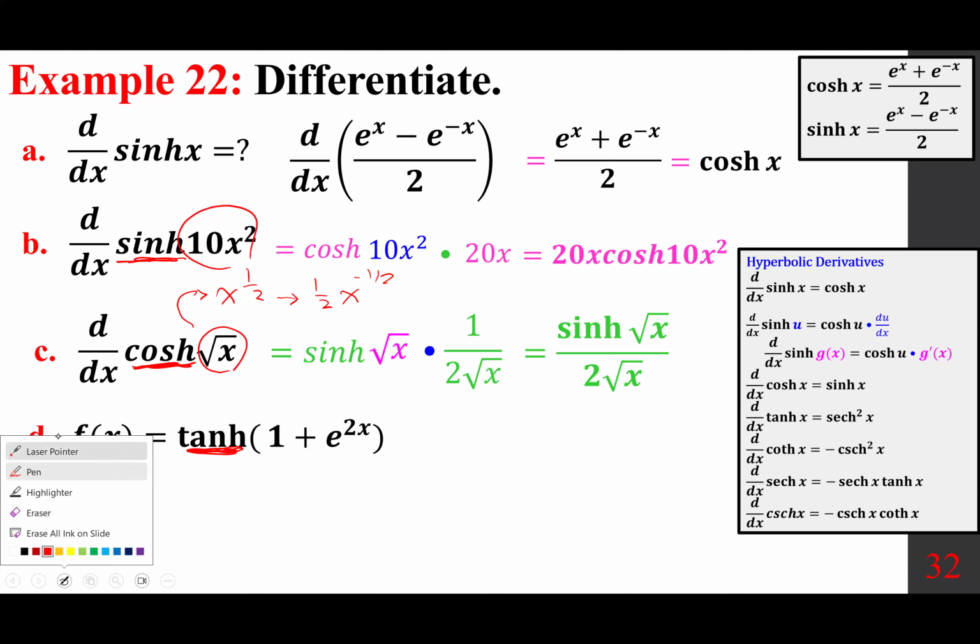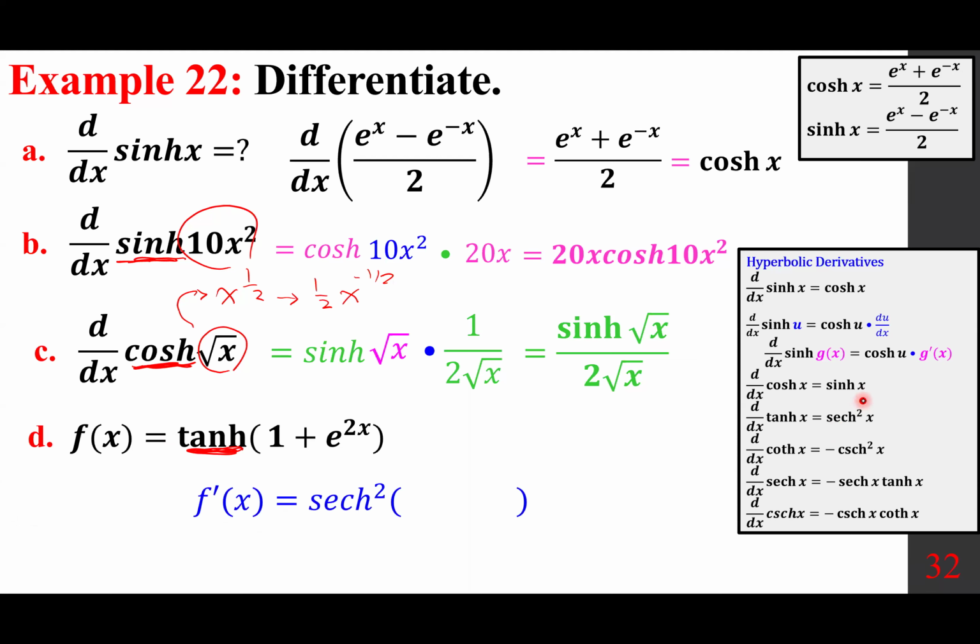Hyperbolic tangent. The derivative is hyperbolic secant squared. So we're going to write hyperbolic secant squared. But you can't do it without the argument, so you put the same argument.